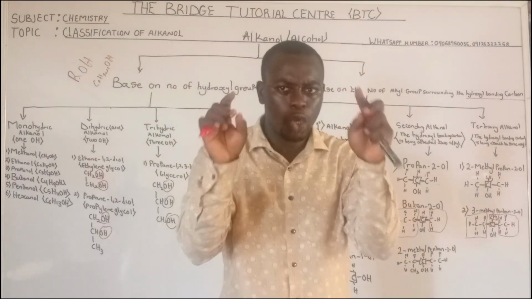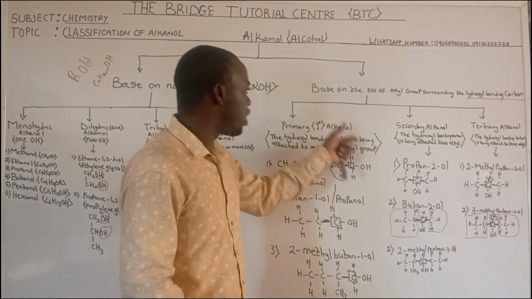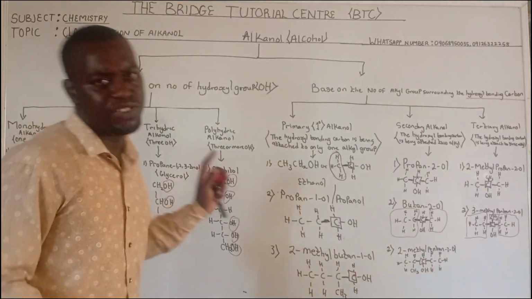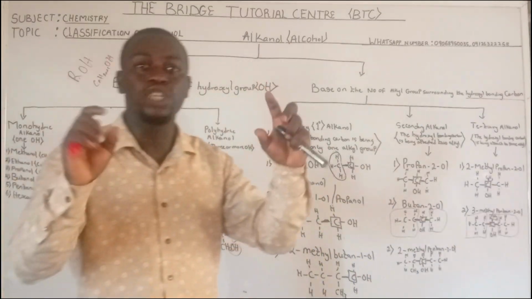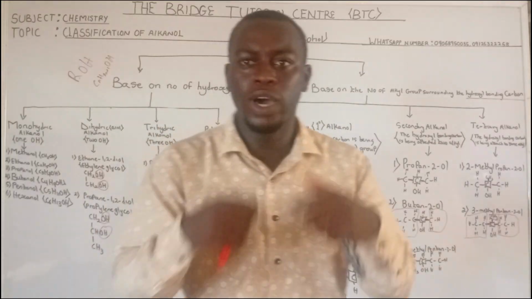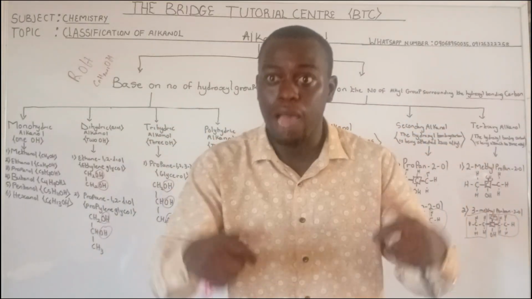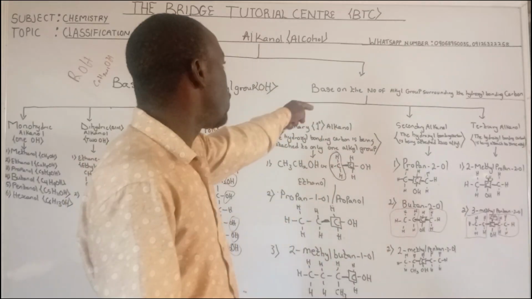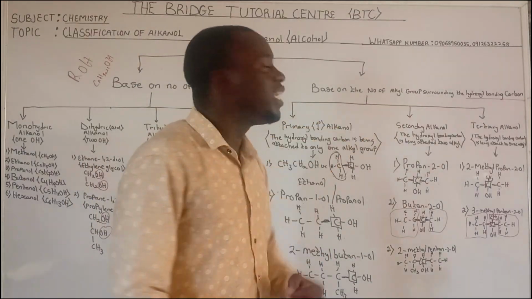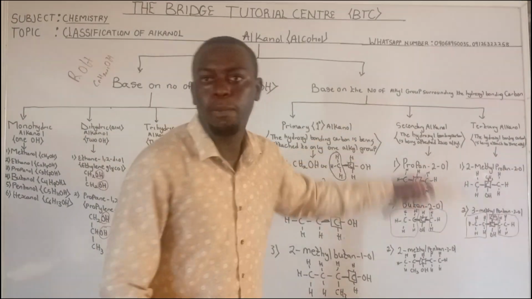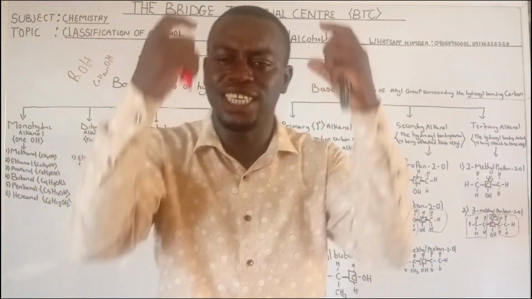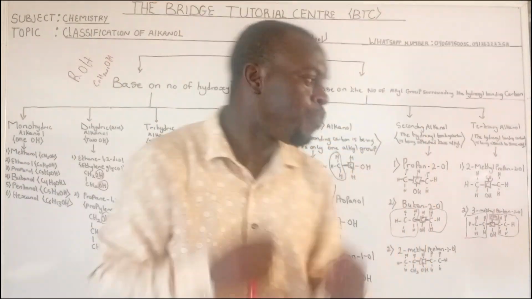Don't forget our short trick of identifying primary, secondary, and tertiary. This is the most important part of this classification. It is commonly asked in almost all exams, whether WAEC, JAMB, Post-JAMB, NECO, or any other exam. They usually ask about this classification, which is based on the number of alkyl groups surrounding the hydroxyl-bonded carbon.